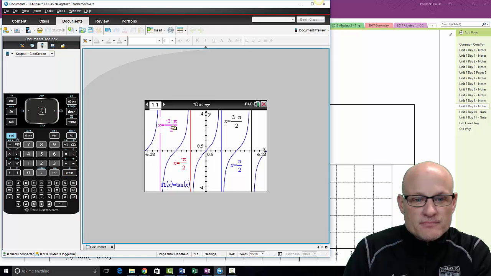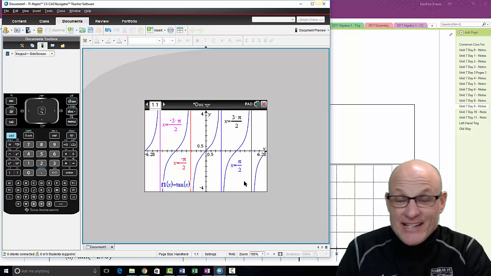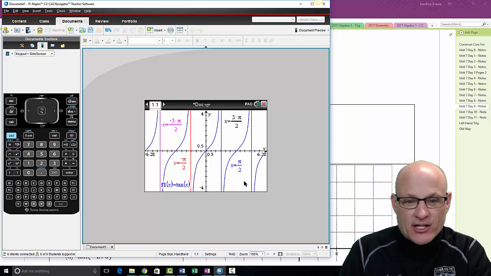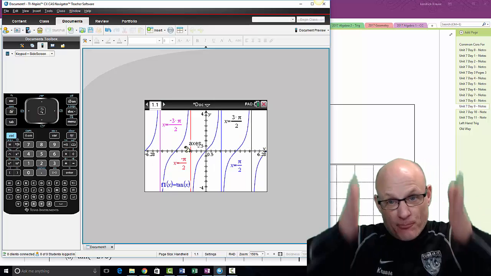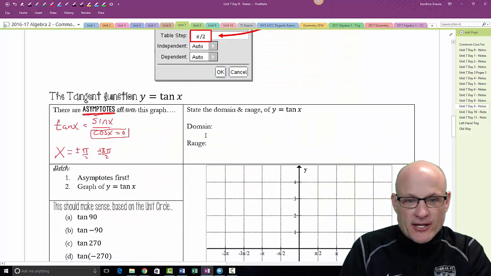And there it is. So those are my asymptotes. You need to understand those as far as when we're graphing, because those will become your important points. Pi over 2 and negative pi over 2 are your important asymptotes, and we'll graph those when we graph this thing.